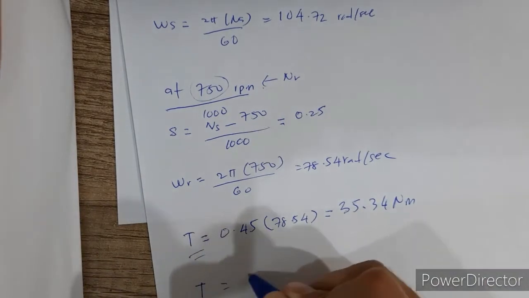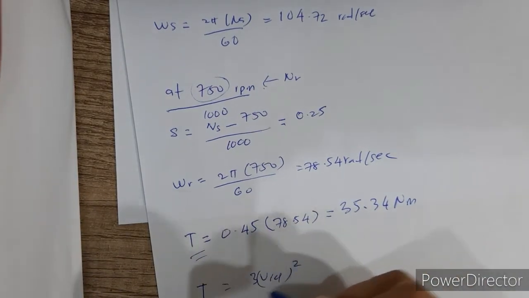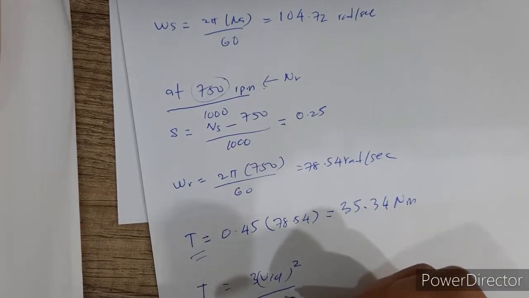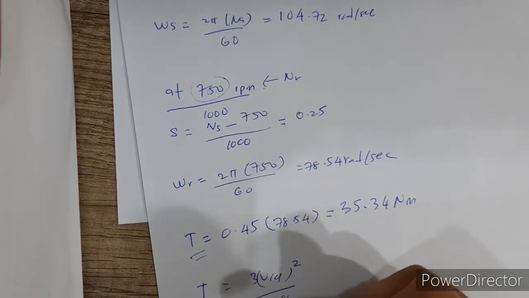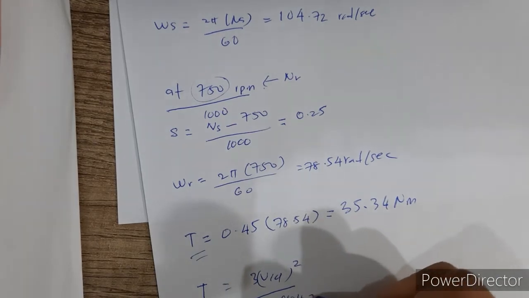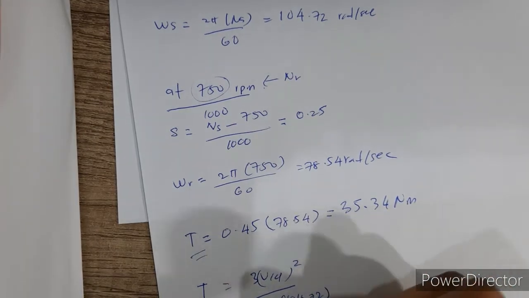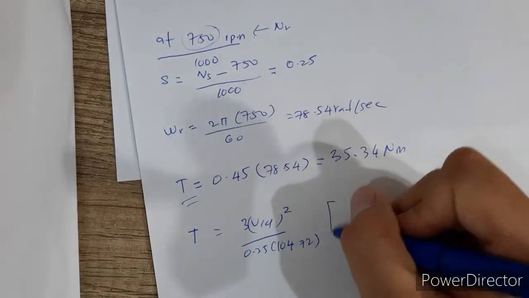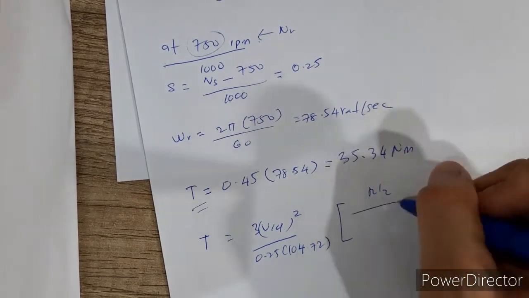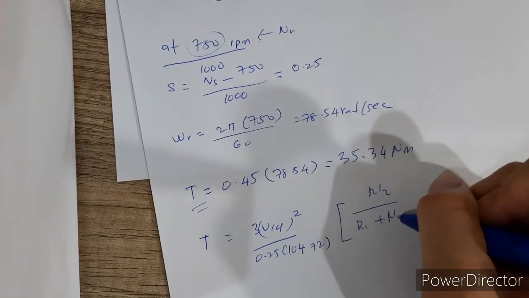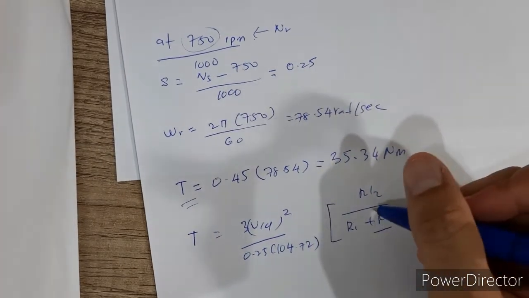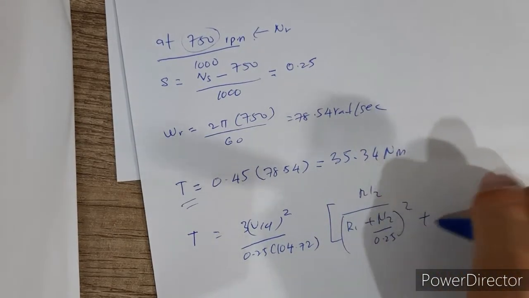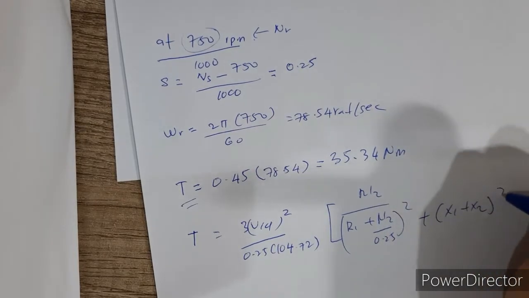From this torque, the next thing we can determine is the terminal voltage. T equals 3 V phase squared over S, 0.25, omega S is not changed, 104.72, so that's why we determined omega S, times R prime 2 over S over (R1 plus R prime 2 over S, 0.25) squared plus (x1 plus x2) squared.